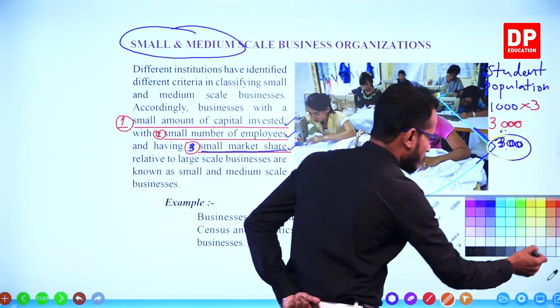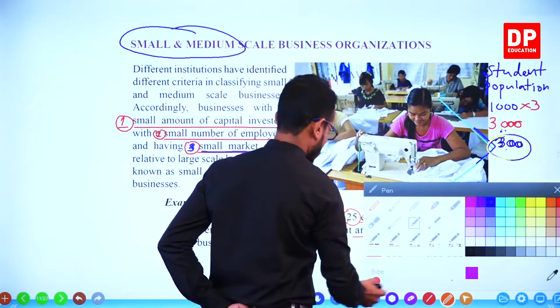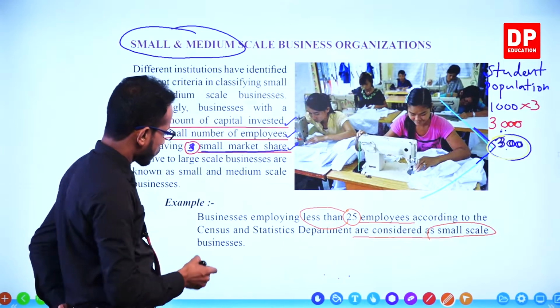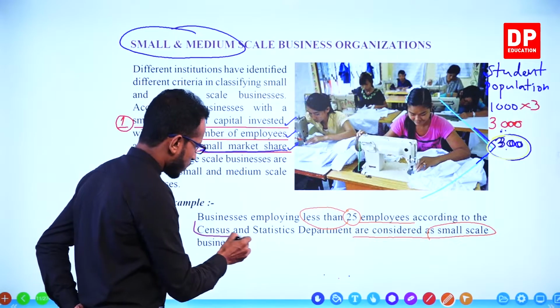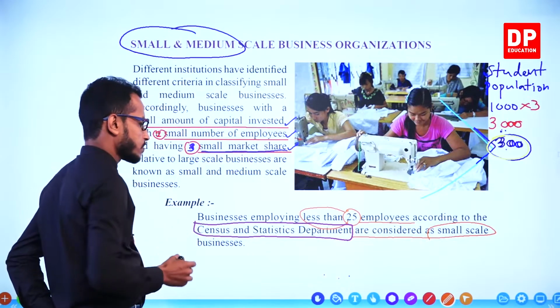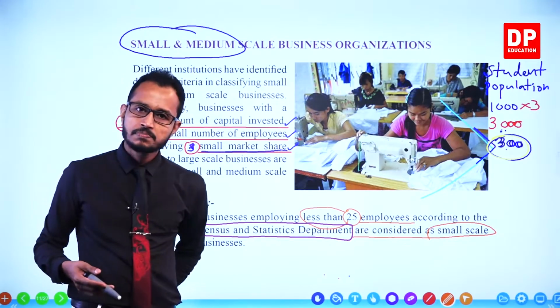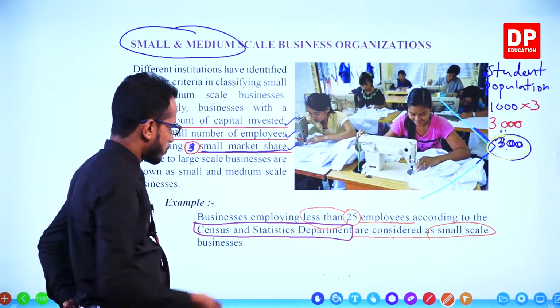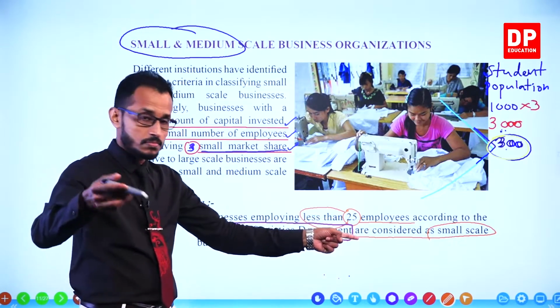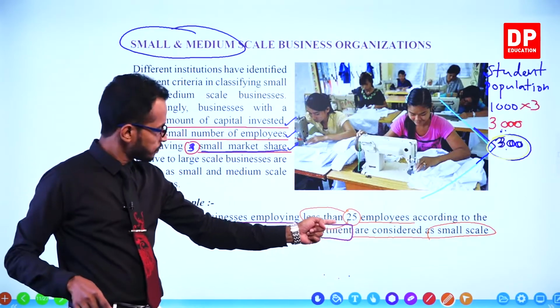That is decided by the Census and Statistics Department, which is a government department. They have imposed this benchmark, cutoff mark.